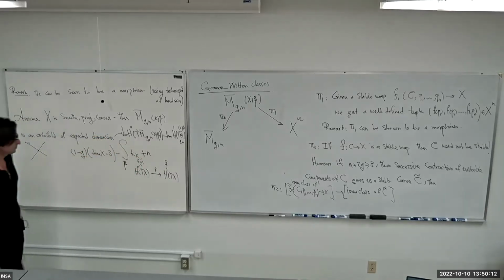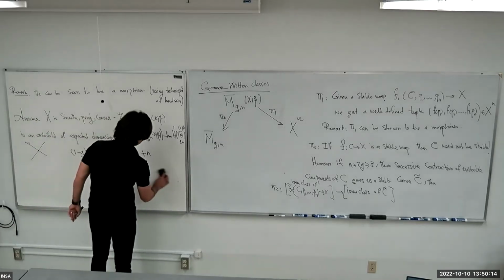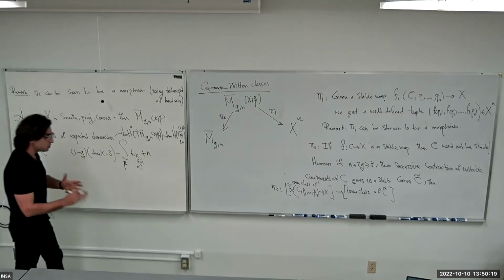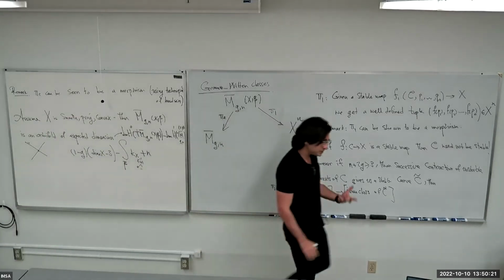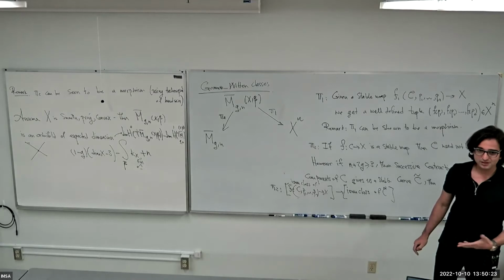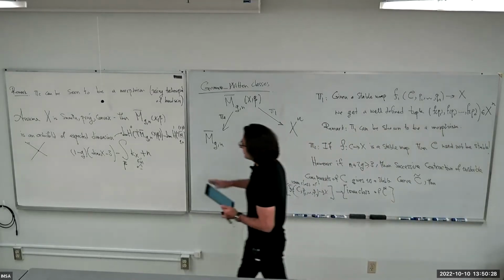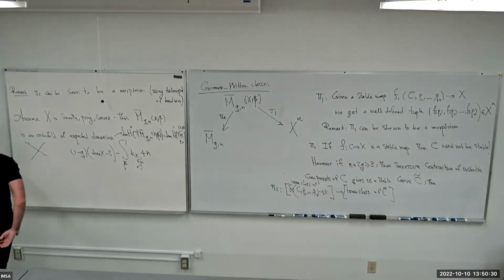That's what expected dimension really means. As the obstructions vanish, your space is fine. So there is a locus inside the space where the obstructions vanish. So that's the definition of expected dimension.